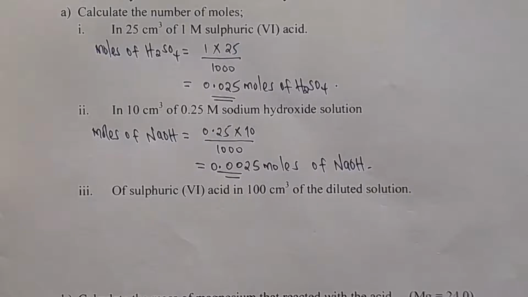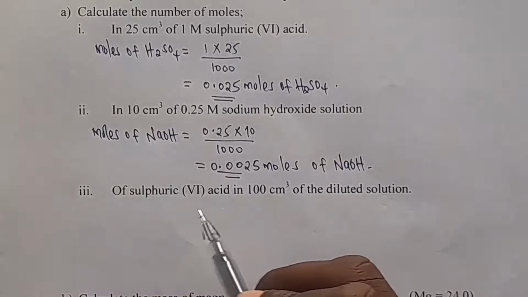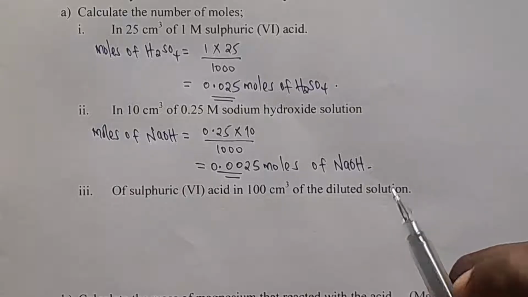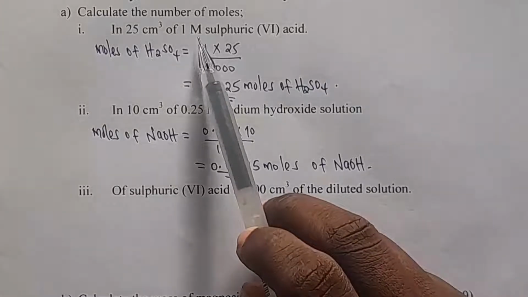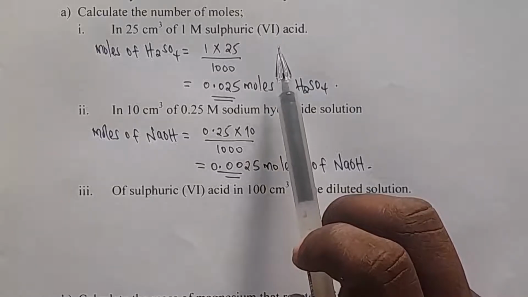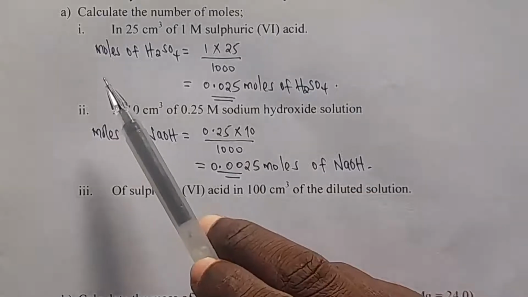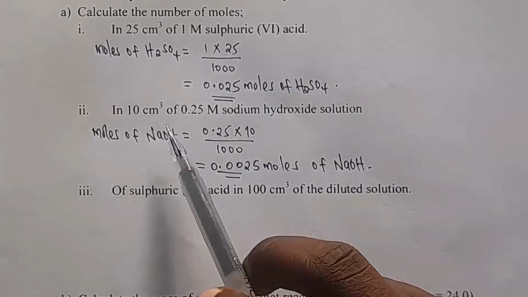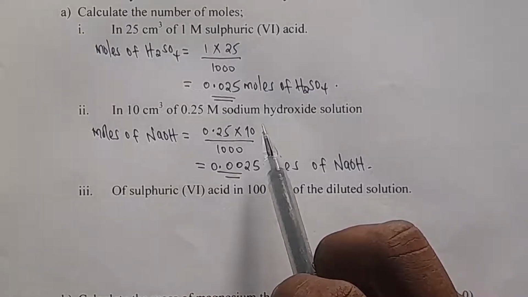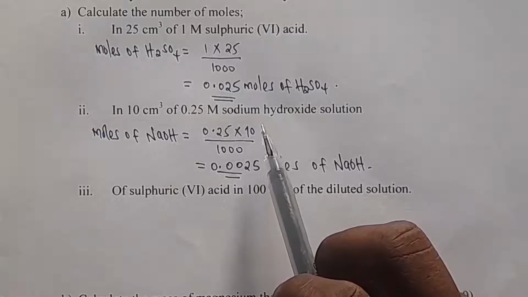So next, part A, Roman 3, we are told of sulfuric acid in 100 centimeter cube of the diluted solution. So here in part A, Roman 1, we have the original number of moles of sulfuric acid. In part A, Roman 2, we have the number of moles of the sodium hydroxide that has reacted with the excess sulfuric acid.